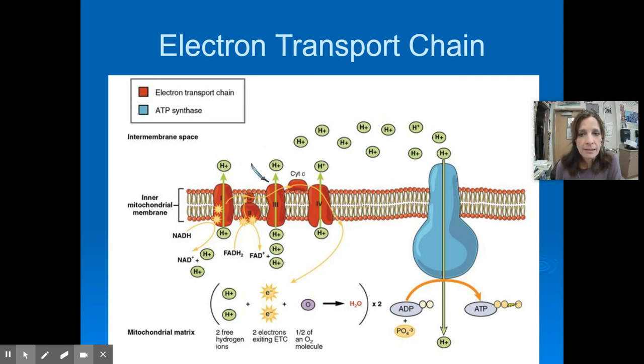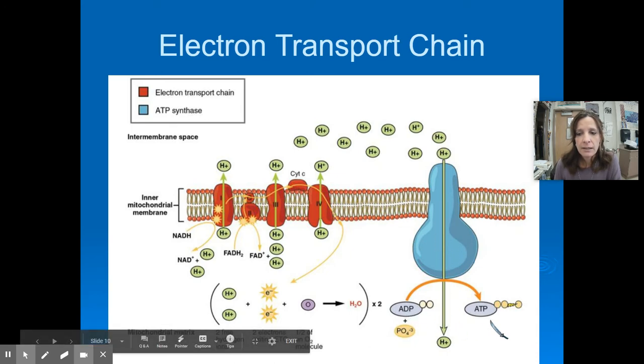The reason that's important is because those hydrogen ions then diffuse down this protein called ATP synthase, and this is where you make all your ATP.